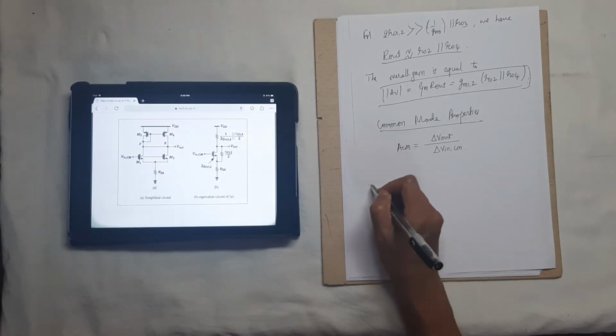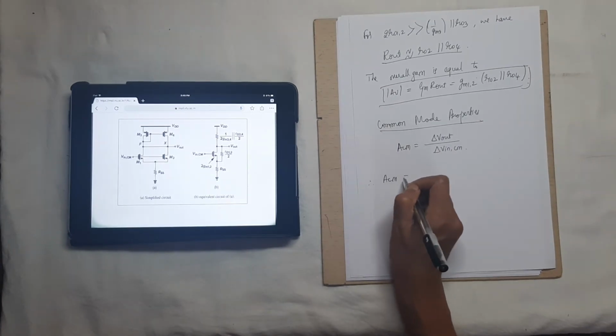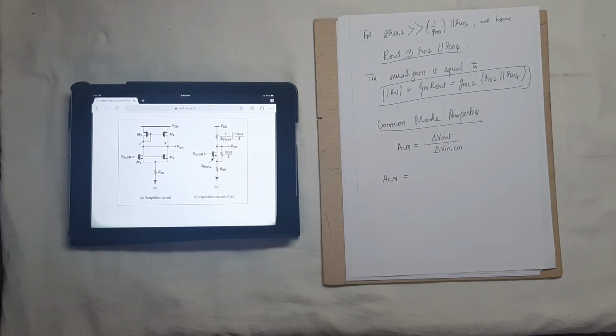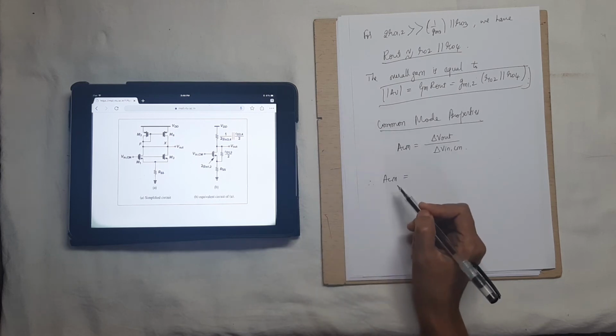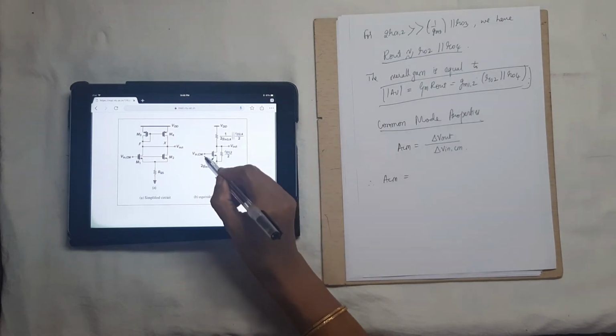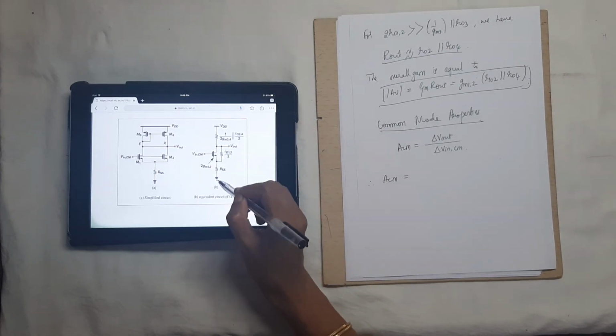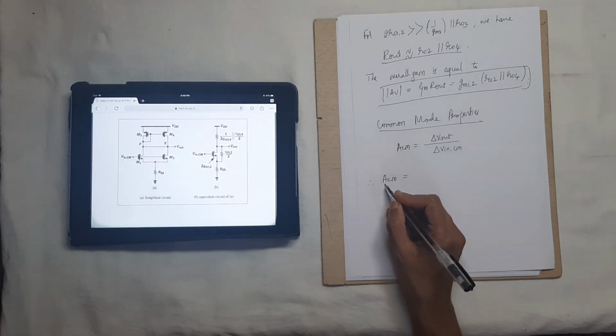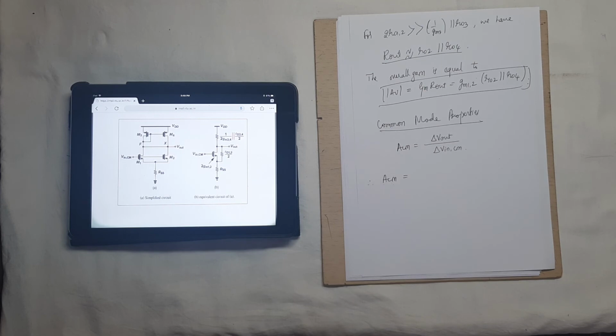Therefore, we can write ACM as follows. This is equivalent to the common source stage with the degeneration resistance. And what is the gain of that particular circuit? It is nothing but this resistance divided by the resistance of this path that gives the equation for ACM.